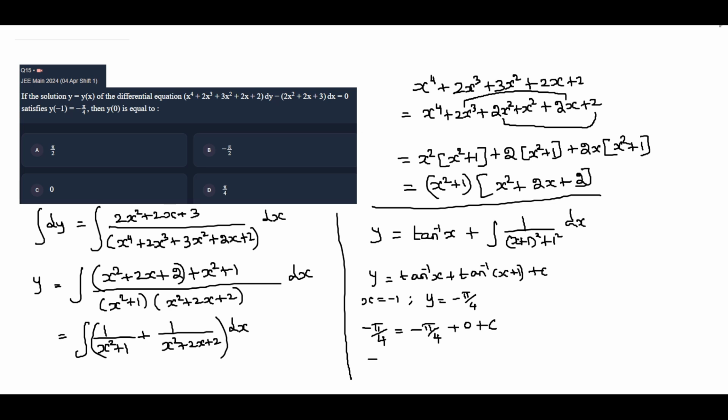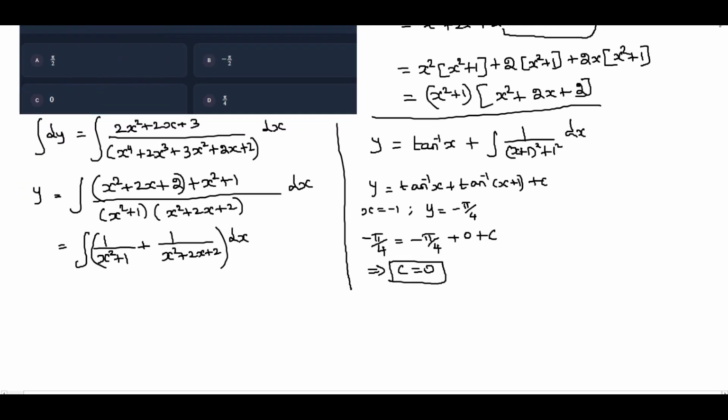So c equals 0. Okay. So c equals 0 means y equals tan inverse of x plus tan inverse of (x + 1).